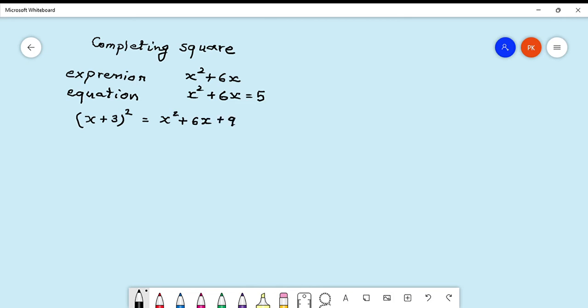Now, let us think in the opposite manner. Suppose I had the expression x square plus 6x and I want to make the complete square of this expression.